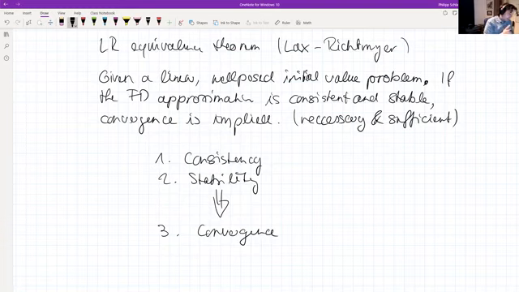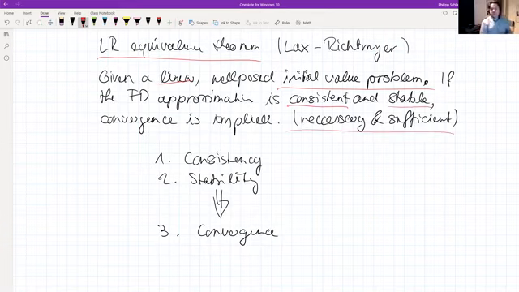Okay, so there is of course a little problem here, namely this is technically only valid for linear problems, and it's for initial value problems. The question of boundary conditions is not discussed here, but in these cases still, if you have consistency and stability, then you have a necessary and sufficient condition for convergence.